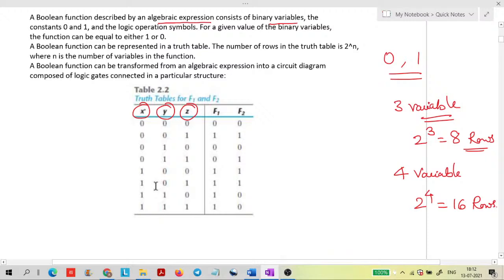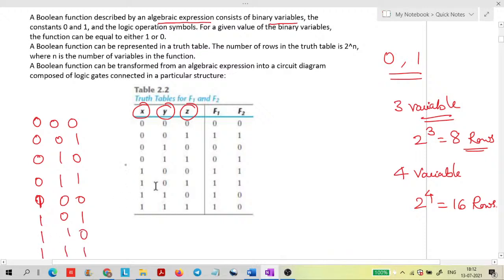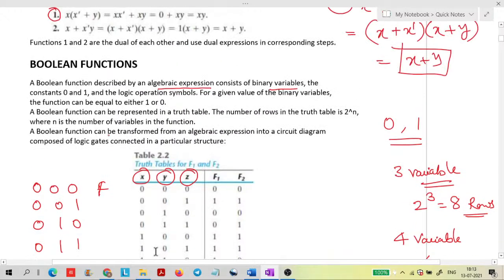For these the different combinations are 0 0 0, 0 0 1, 0 1 0, 0 1 1, that is 3. Then 1 0 0, 1 0 1, 1 1 0, 1 1 1, that is 0 to 7, and based upon the functions we can write the value here.